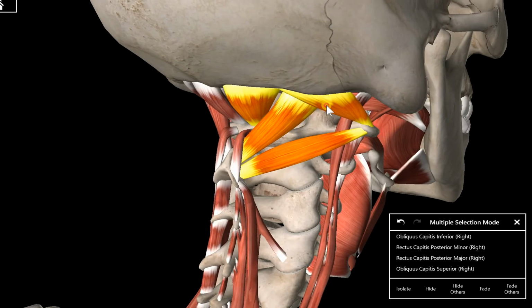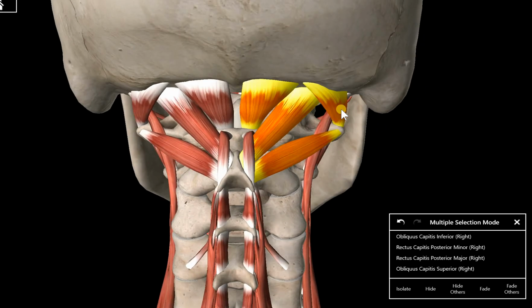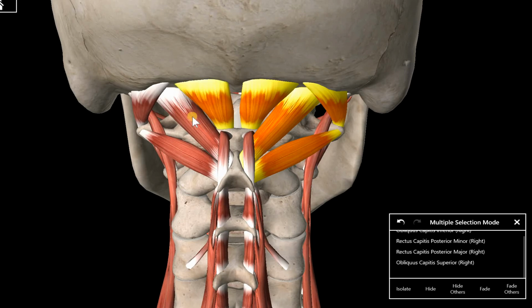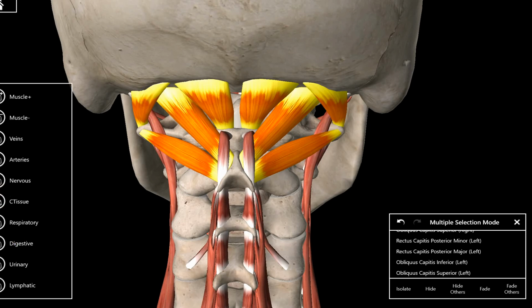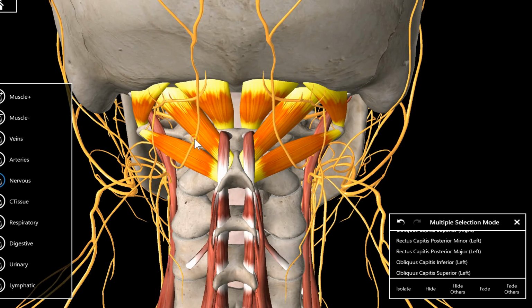Also, clinically, I want you to know that when the suboccipital muscles get flared up, which is very common because of forward head posture, there's a nerve that passes through these, called the greater occipital nerve.